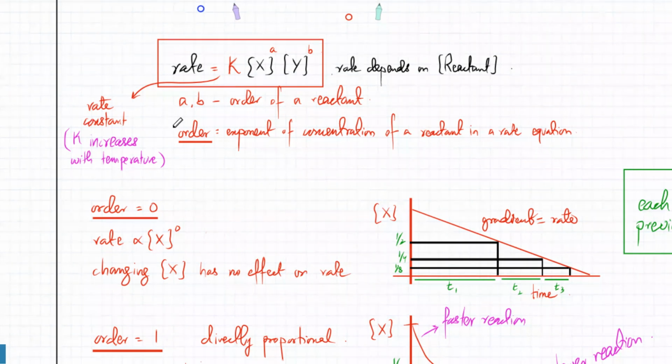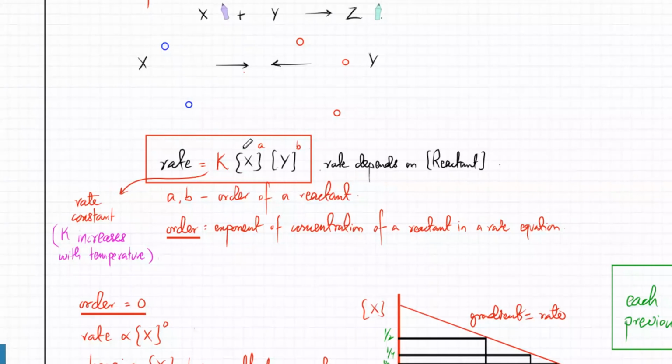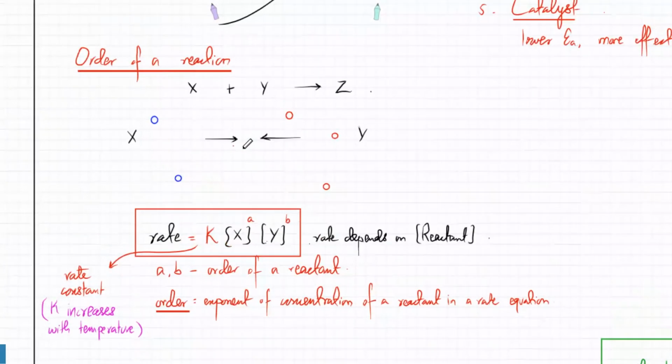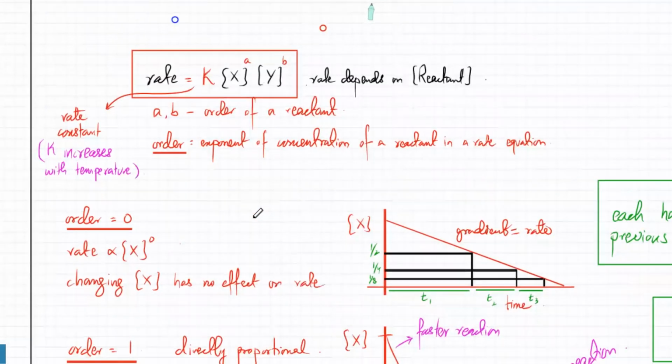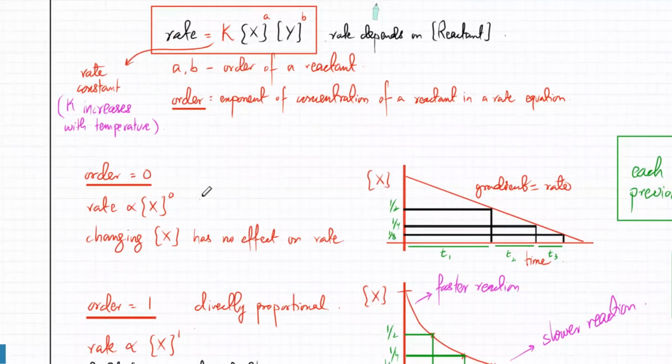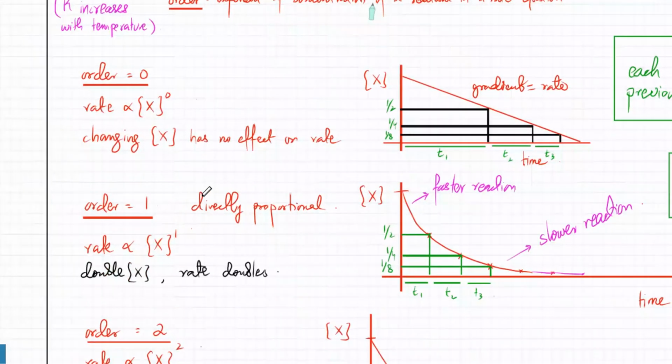This is what we did yesterday. We discussed that rate is dependent on the concentration of the reactant or the reactants, whether it's X and Y colliding with each other. So A, B, and C. The power is the order of the reaction or the reactant. You've got a zero order, which means that rate is not dependent on the concentration of the reactant.